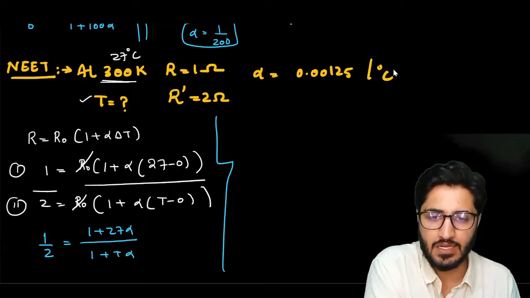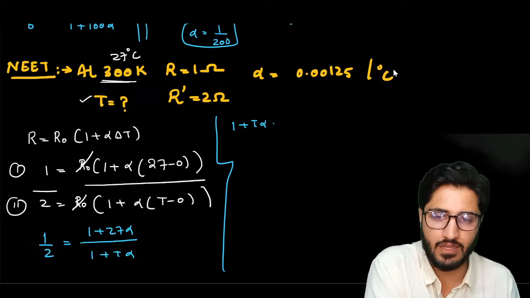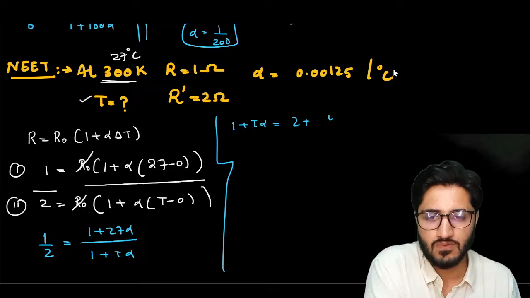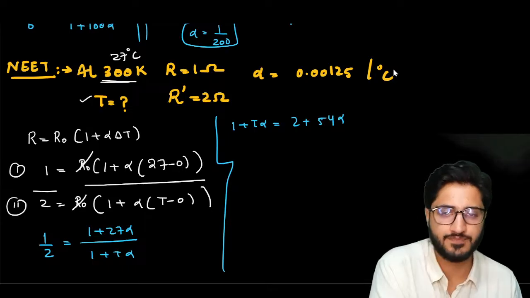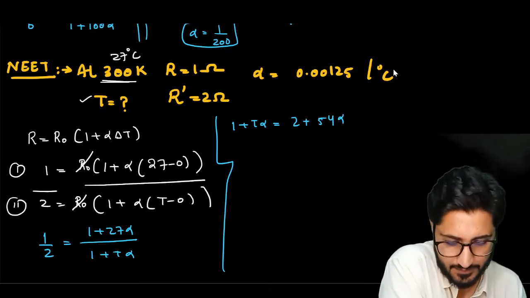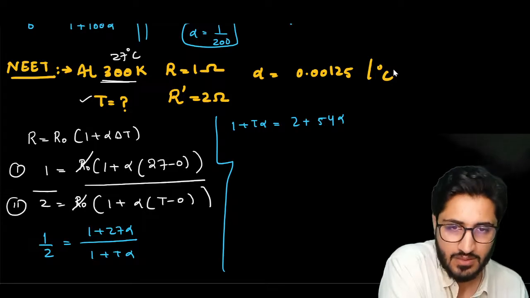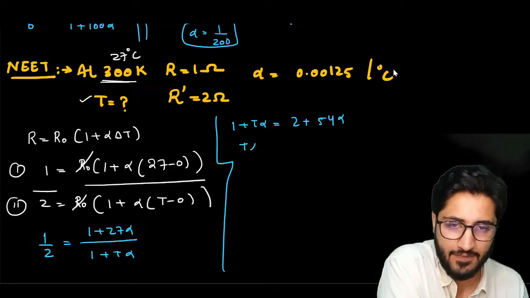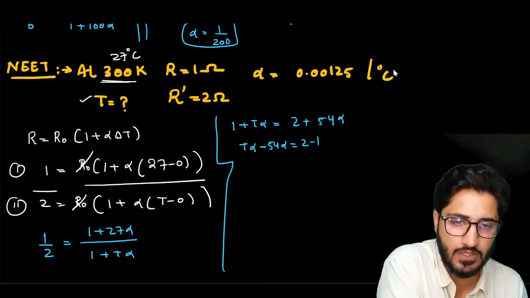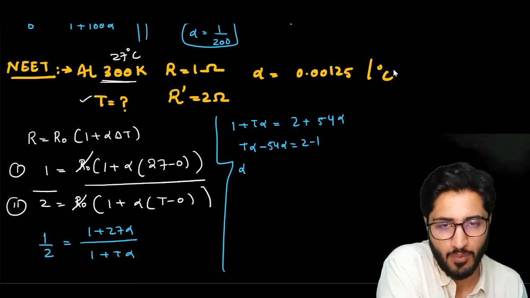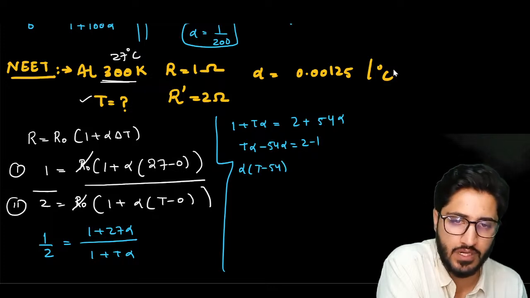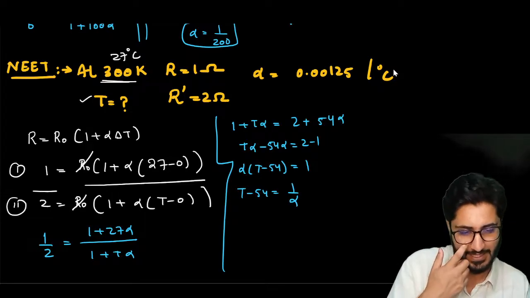So I can write 1 plus T alpha equals 2 plus 54 alpha. Now I can write T alpha minus 54 alpha equals 2 minus 1, which is 1. I can take alpha common: T minus 54 is 1 only. So T minus 54 came out to be 1 divided by alpha.